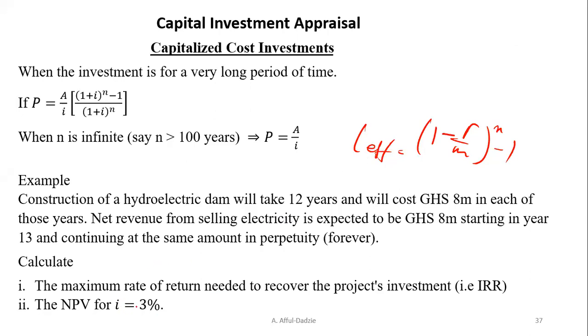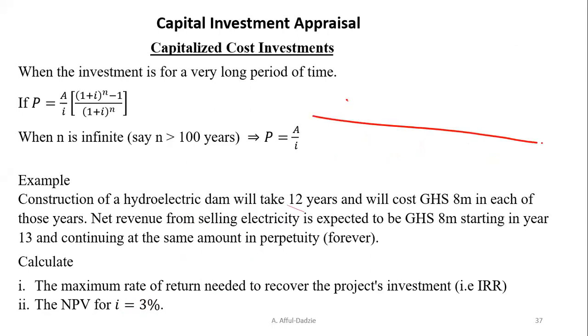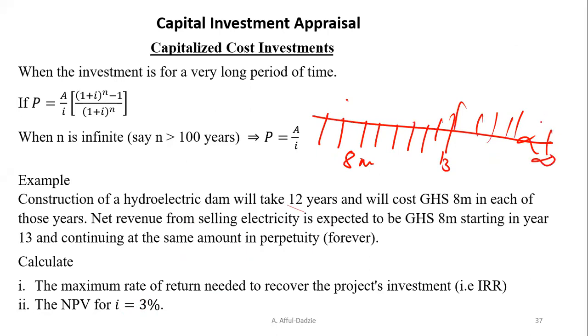We take our I to be the interest rate, so we can solve for I for the cost part. So let's say 1, 2, 3, 4, 5, 6, 7, 8 million, and then from period 13, all this to a certain infinite period.